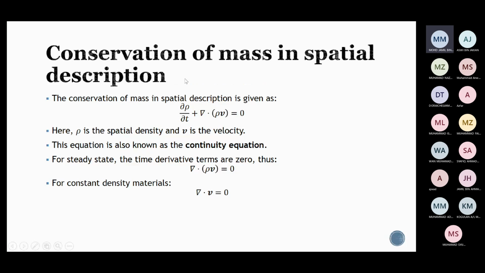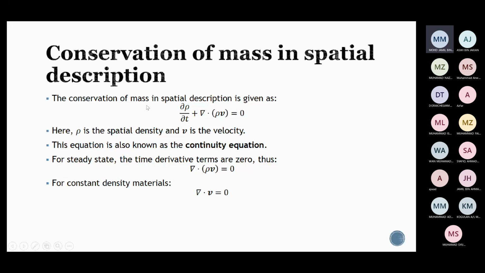In continuum mechanics, we can derive the conservation of mass in both spatial and material description. I didn't show the derivation because it is quite long, so I just show the final relationship.